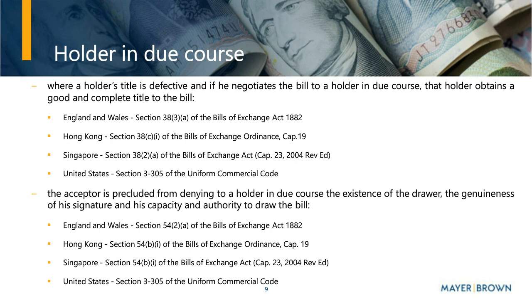On top of that, the Act does provide certain presumptions. So every party who signs the bill is presumed to have provided value, and every holder of the bill is prima facie deemed to be a holder in due course.